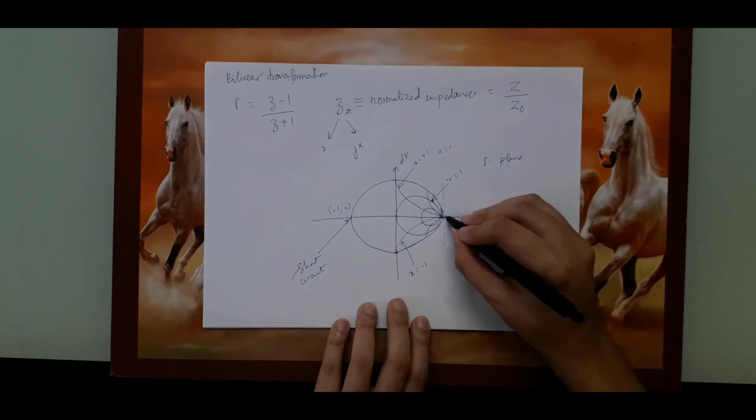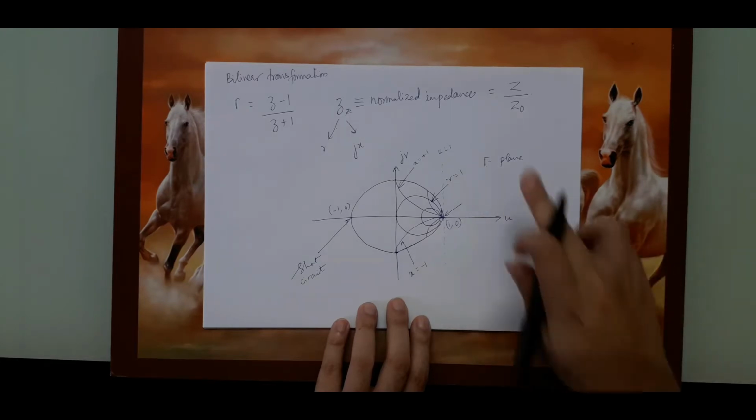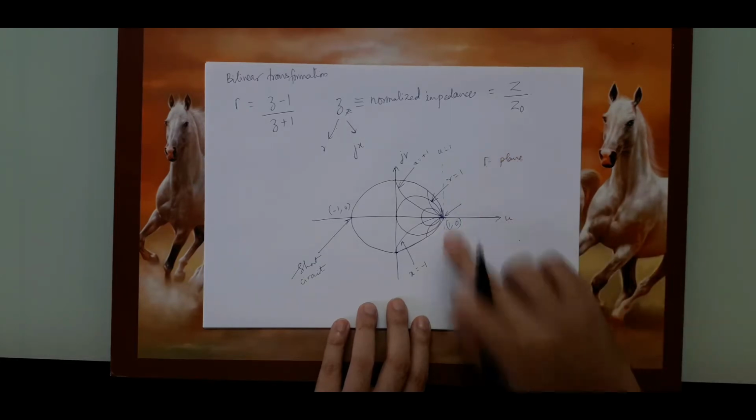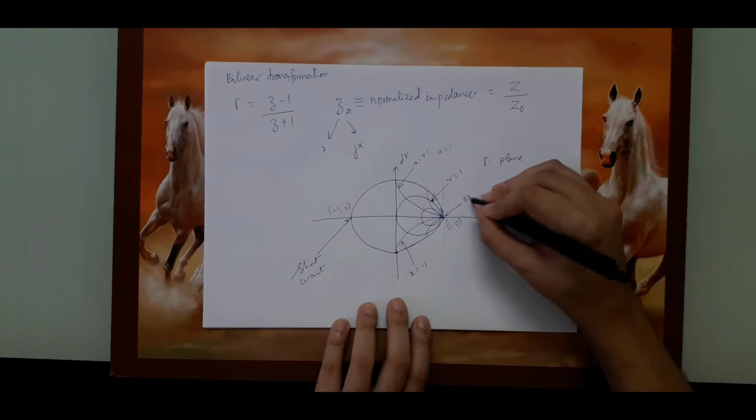Now what is this point? This point is plus 1, 0. So on the gamma plane, gamma of plus 1 indicates this is an open circuit.